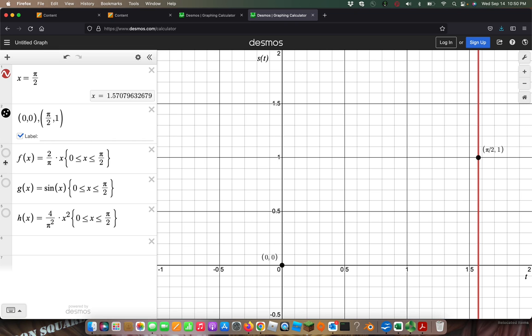The other possibility is my function can start being very steep, having a high average rate of change, and end up having a lower average rate of change. Notice right down here, my average rate of change is very steep, and then it gets less and less steep as time goes on, which tells us that our average rate of change is getting smaller and smaller.